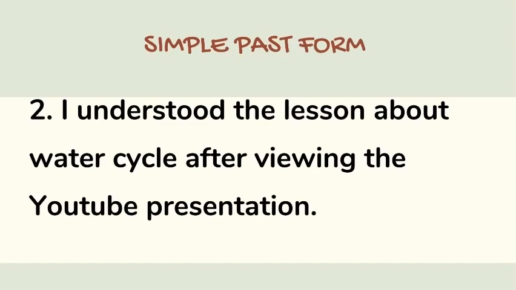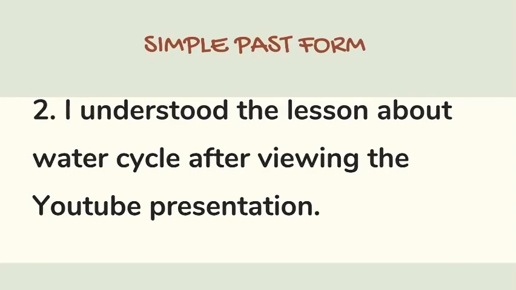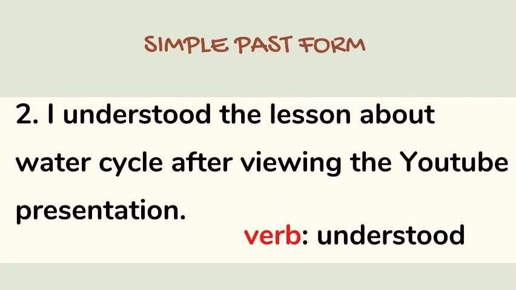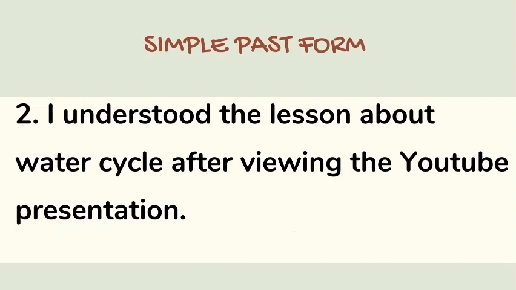For sentence number two, I understood the lesson about water cycle after viewing the YouTube presentation. So here our verb in its past form is understood. Understood is considered to be an irregular verb.